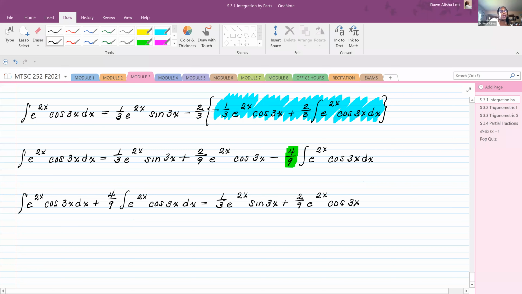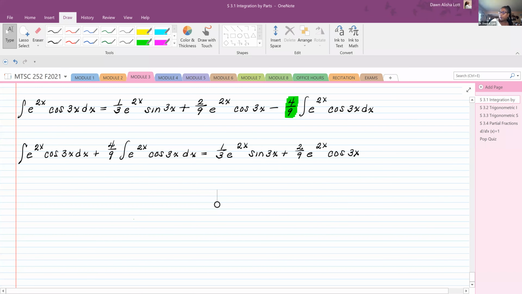So now I have to add these together. I have one of them plus 4/9. So that gives me 1 plus 4/9 times the integral of e to the 2x cosine of 3x dx is equal to that right-hand side.